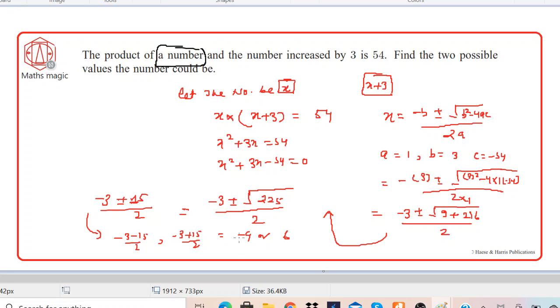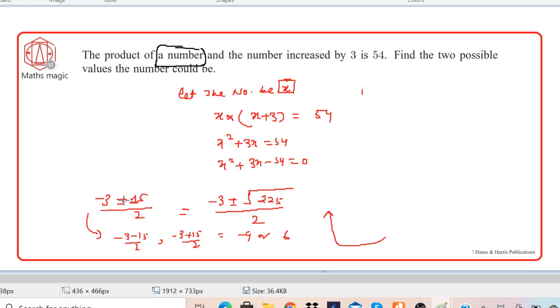We got this answer using the quadratic formula. Now we'll solve the same quadratic equation using the factorization technique. So I'll just clear the screen with the previous working and then we'll apply the factorization technique. I think you can do it very easily, but still I'll help you over here.